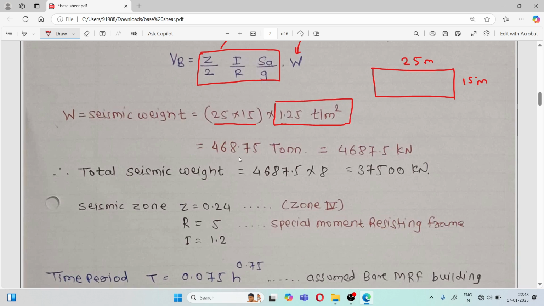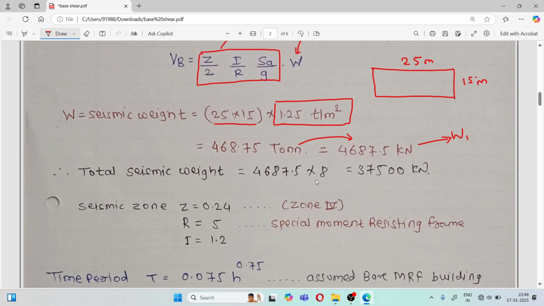If you multiply this, you will get 468.75 ton, or if we convert it into kilonewton, we can write 4687.5 kilonewton. Okay, so this is the seismic weight of a single story.